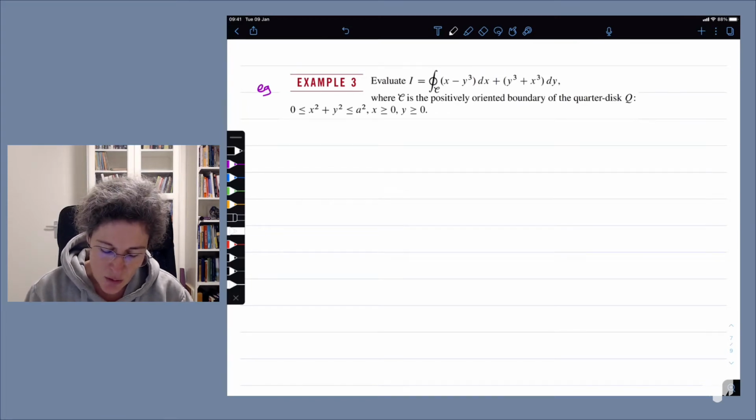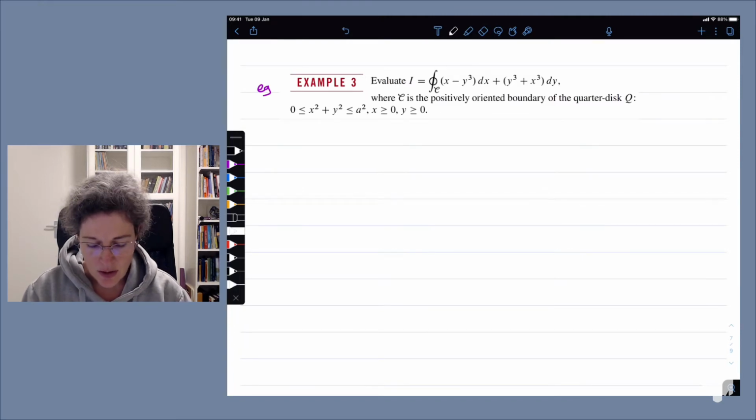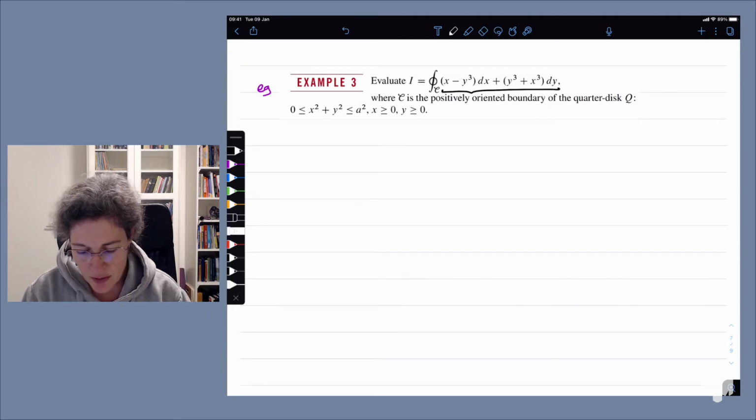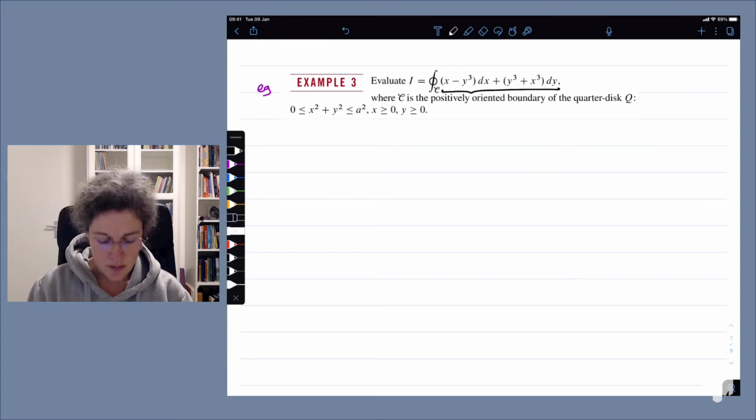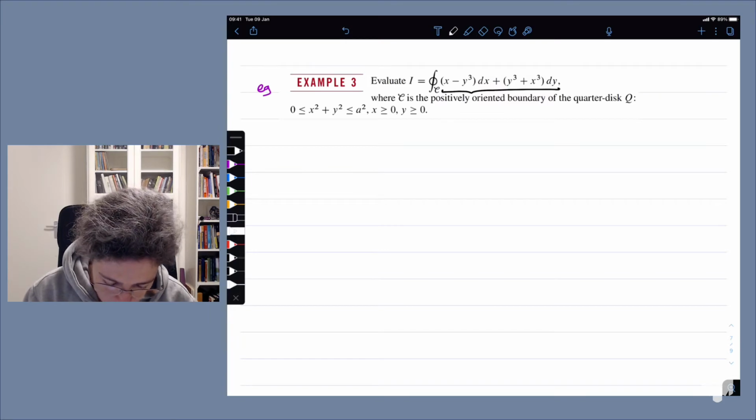We would like to evaluate this, so we can see this is a closed line integral of this crazy thing over here, where C is the positively oriented boundary of the quarter disk Q. So we want to find this line integral. Let's have a look at what our region is.